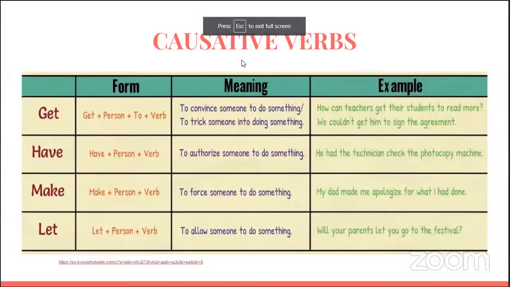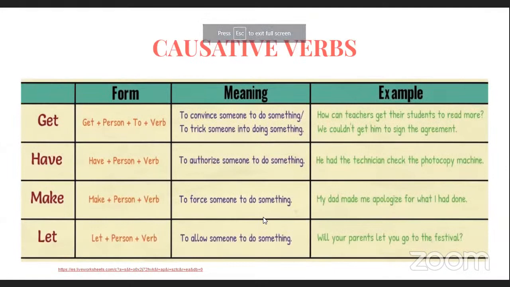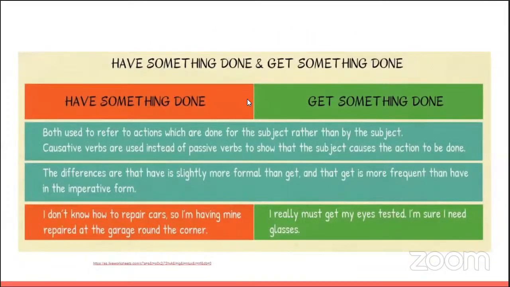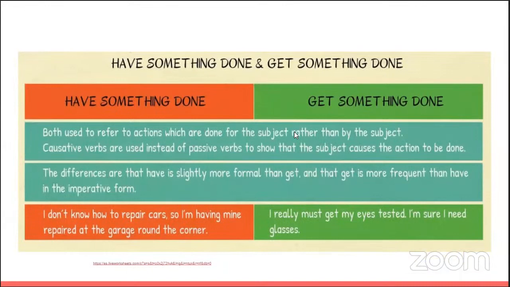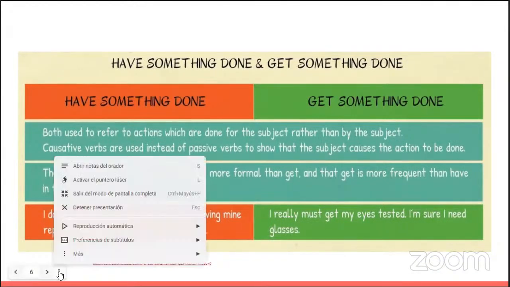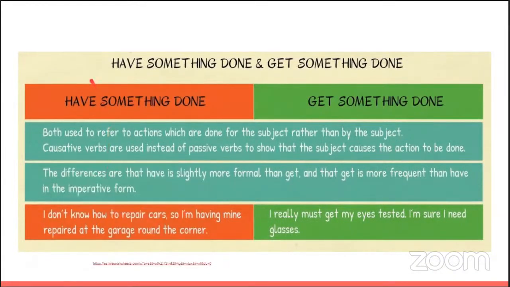Okay, let's please move on. Next thing is reviewing the difference between have something done and get something done. What is the difference between these two? Well, let's begin with the first one. Have something done, and get something done.